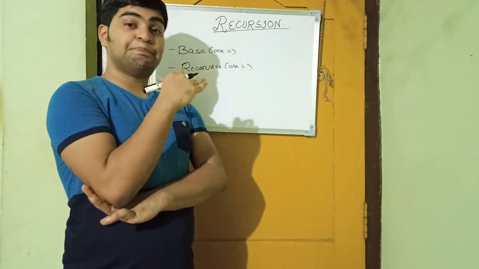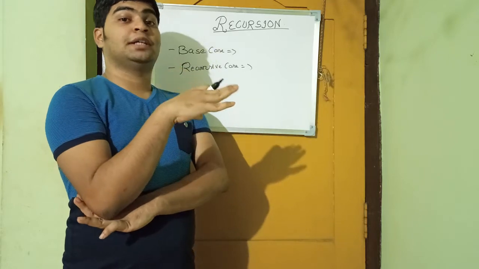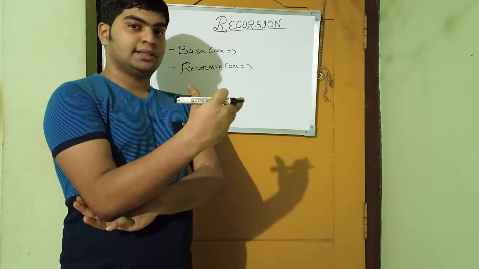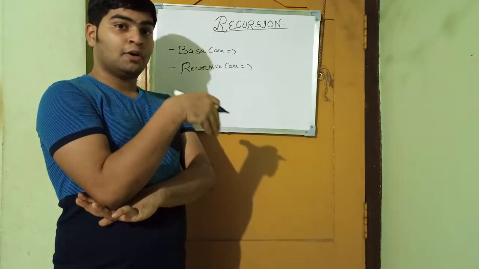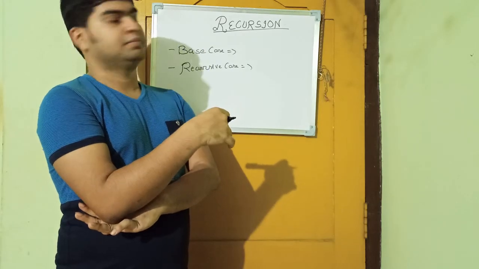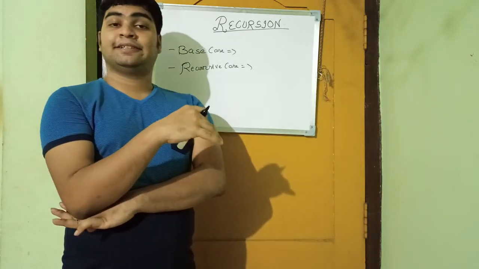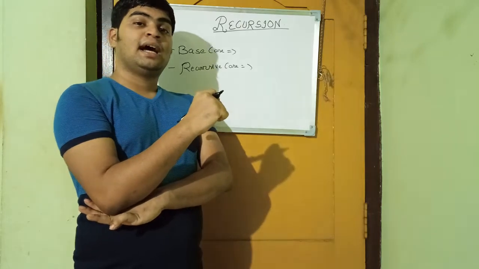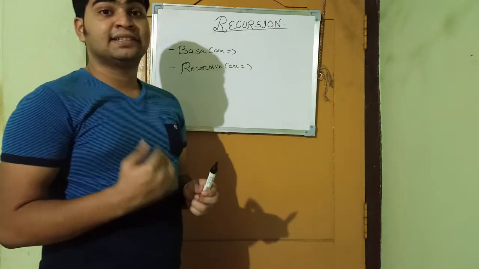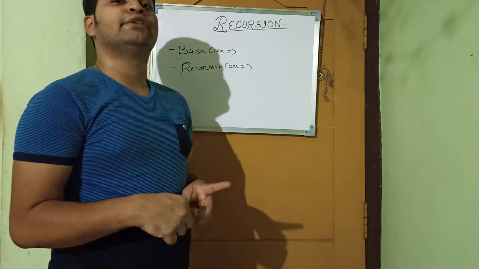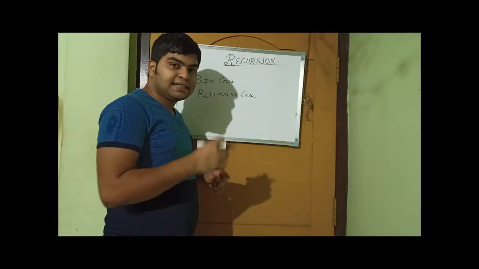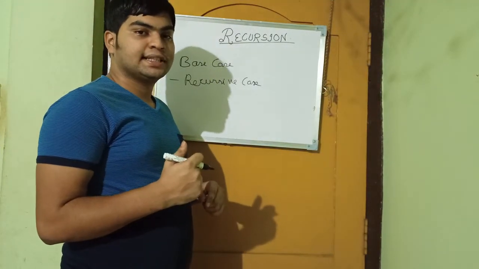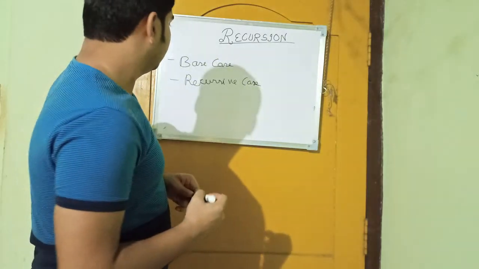So what is the base case? The base case is the case where the function directly returns the answer so that we can obtain what we wanted to get. Now the recursive case. The recursive case is the case in which the function breaks itself into simpler problems and calls itself back. Let's discuss this with a very famous example, the Fibonacci series.